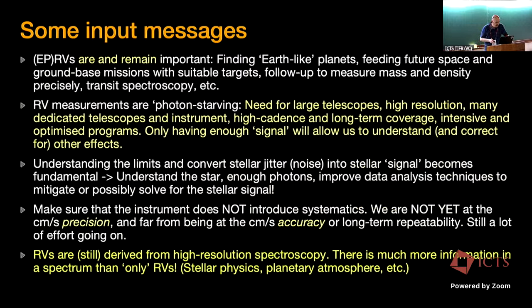And of course, we have to work on instrumentation, and we are not yet ready to do centimeters per second observations over years. We are not yet there. We still have to work on this instrumental aspect. And eventually, as I have shown with one example, a radial velocity spectrograph is a spectrograph.